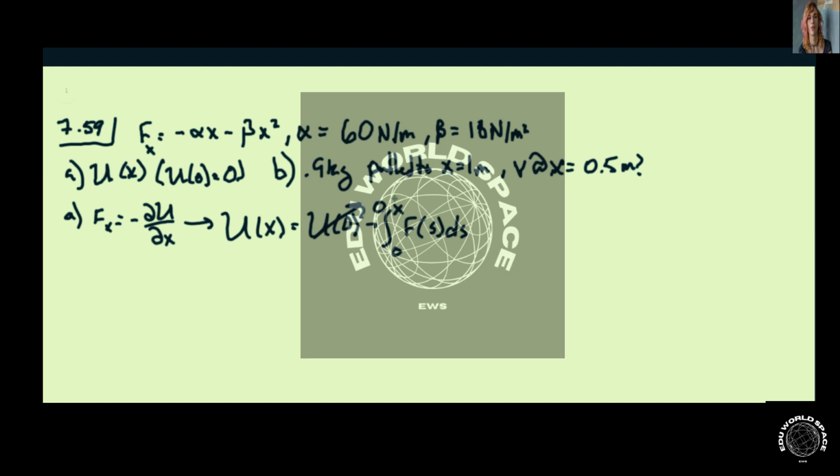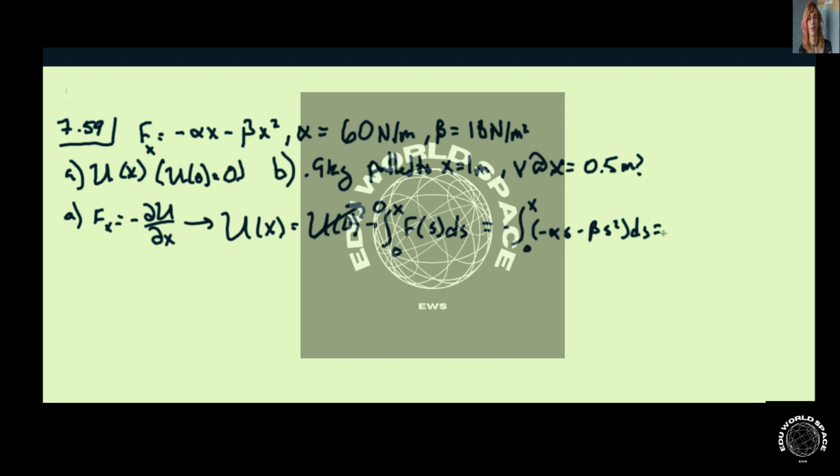So this is the negative integral from 0 to x of negative alpha s minus beta s squared ds.